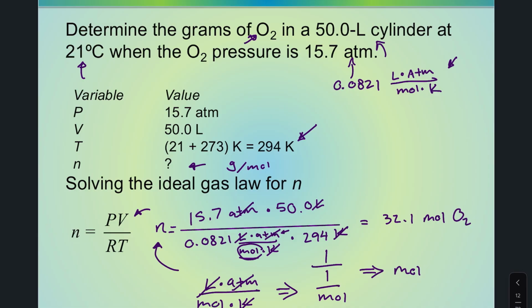The next thing that we need to do, I'm going to do it up here because I'm out of space, but we have 32.1 moles of O2. We now need to use the grams per mole to find the number of grams, because that's what the question is asking. So we have 15.99 grams per mole.